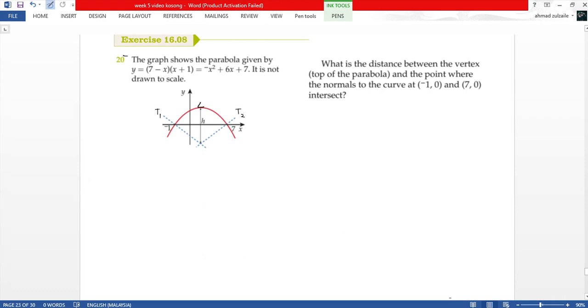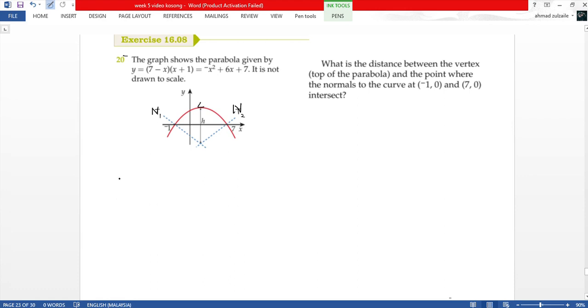Okay, if you notice, okay, T1 and T2 ni actually not the T1, this is actually the normal, normal number 1, normal number 2. Sebab dia dah kata sini at the point where the normal to the curve, normal ya. Okay, so kena dapatkan dahululah equation of tangent, baru boleh dapat equation to normal.